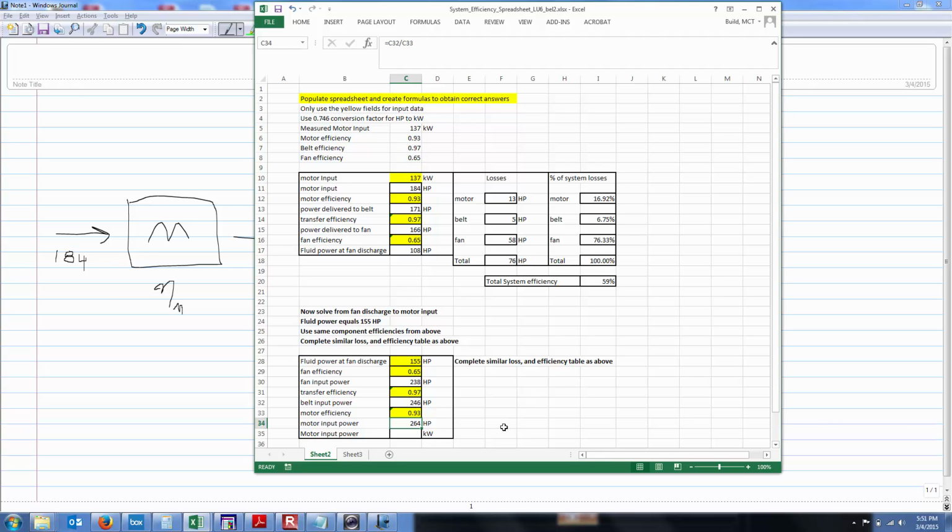Is that what we're getting? You might have gone the wrong way on that guy. Yeah. Just divide.